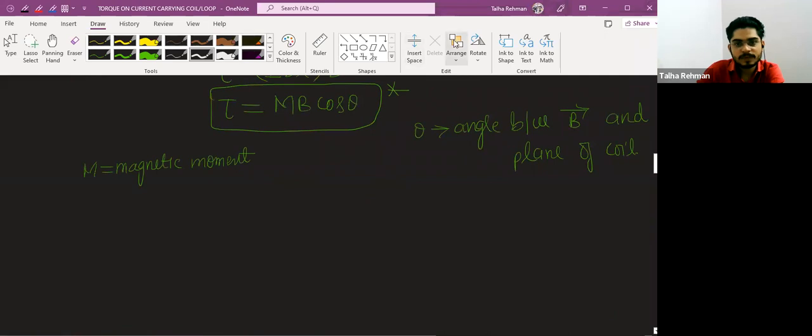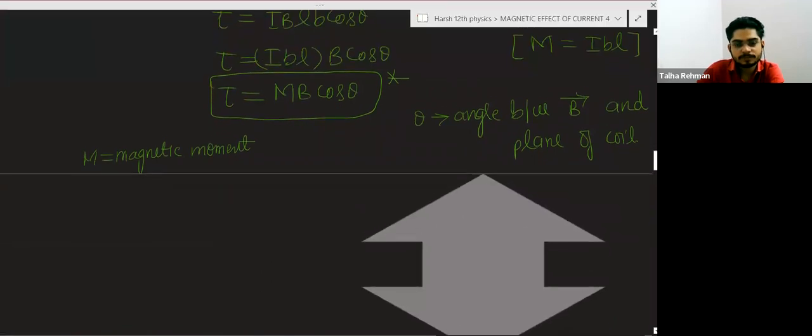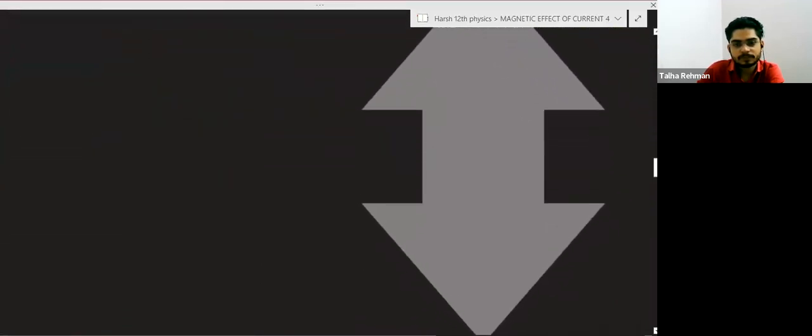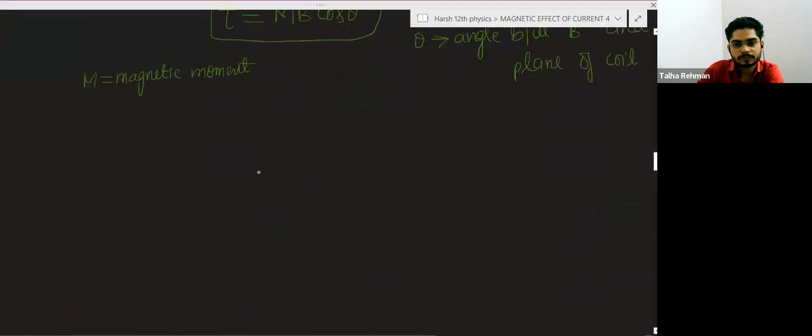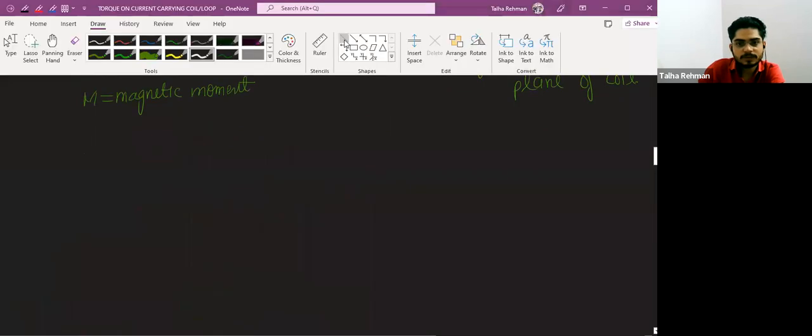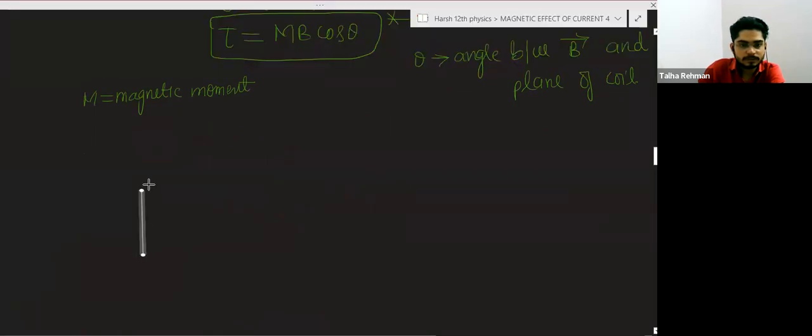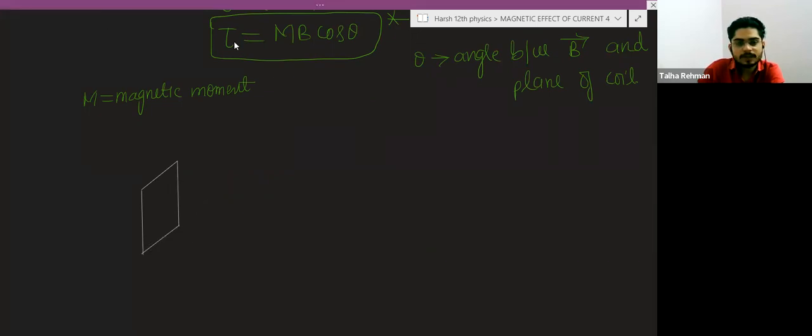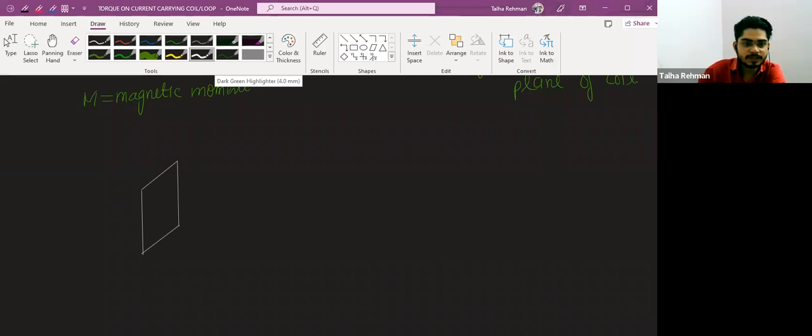Suppose we have this same coil, and the current in this coil is in this direction.